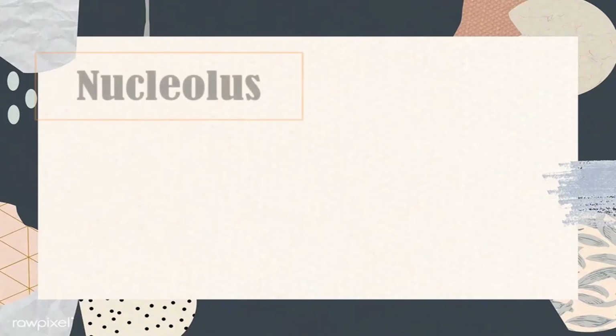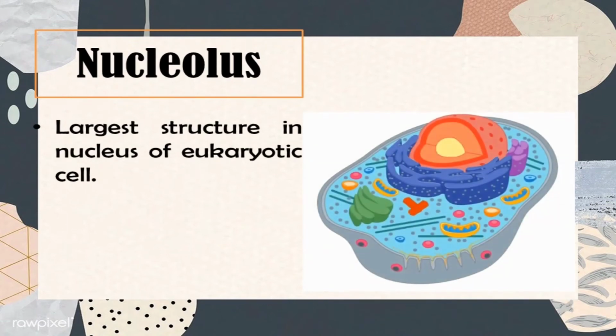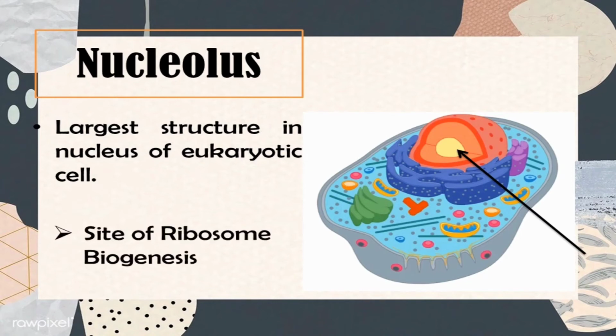Nucleolus. It is the largest structure in the nucleus of a eukaryotic cell, found inside the nucleus, and the only organelle not enveloped by a membrane. It is the site of ribosome biogenesis, because its main job is creating ribosomal RNA, which combines with some proteins to form the basic unit of ribosomes.